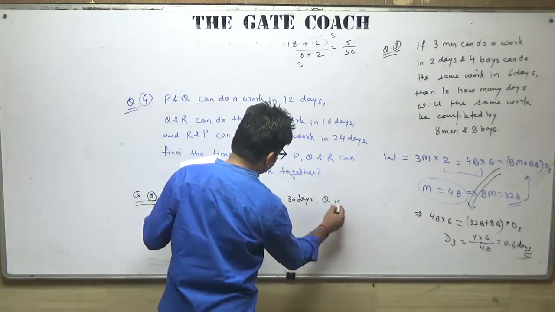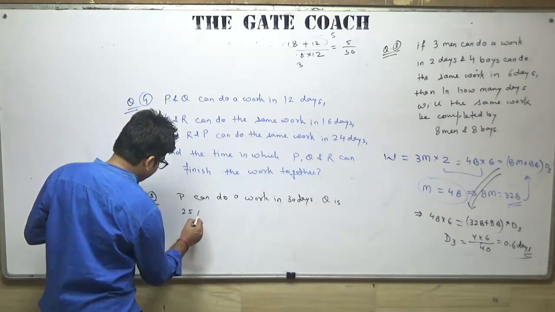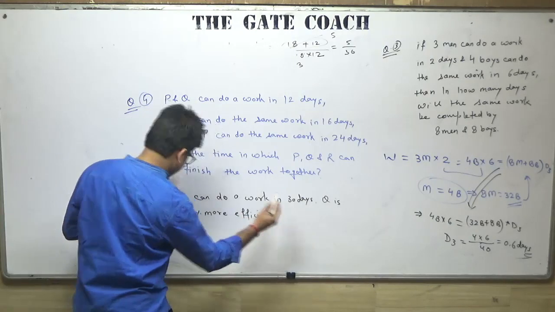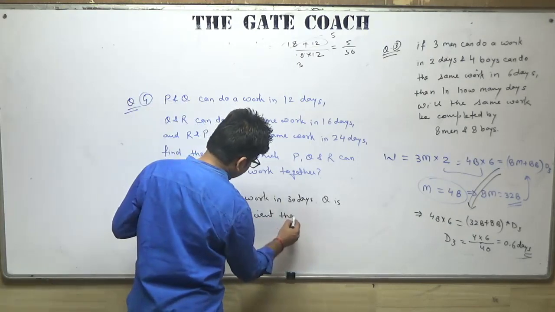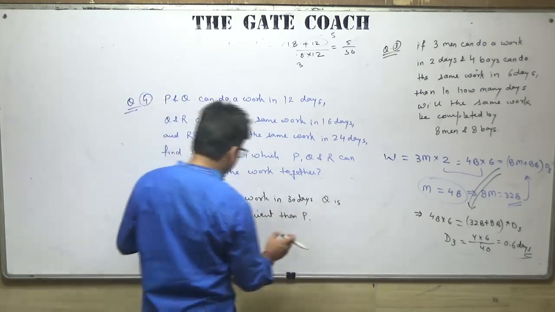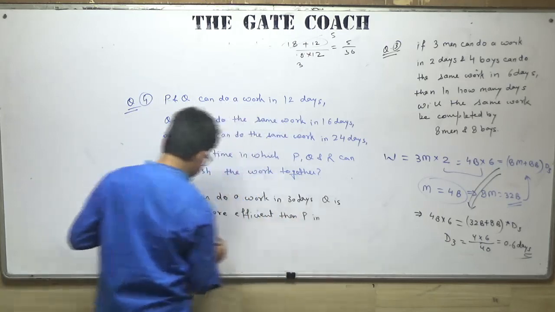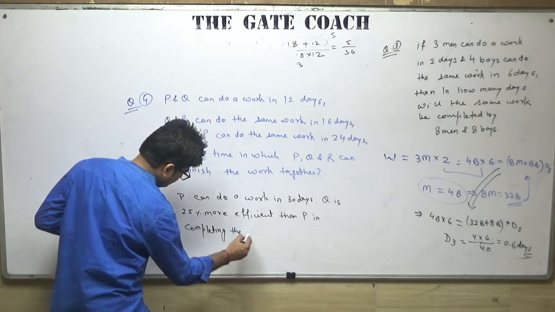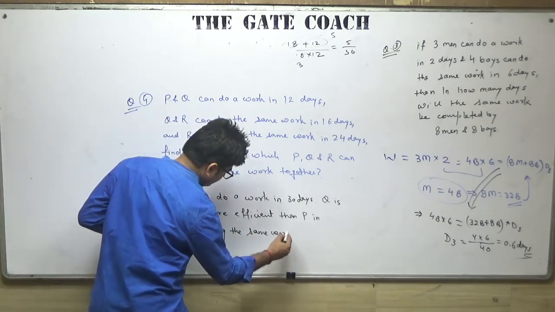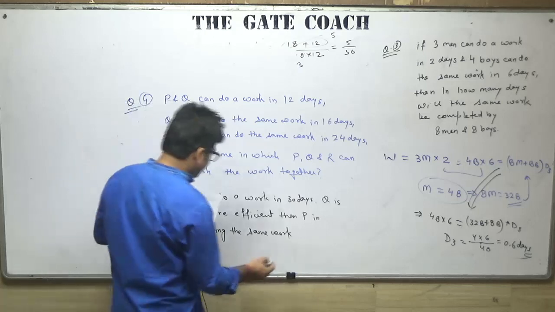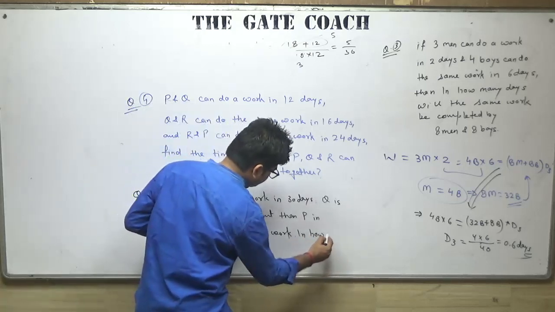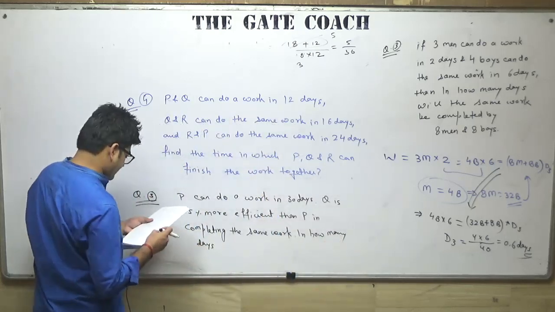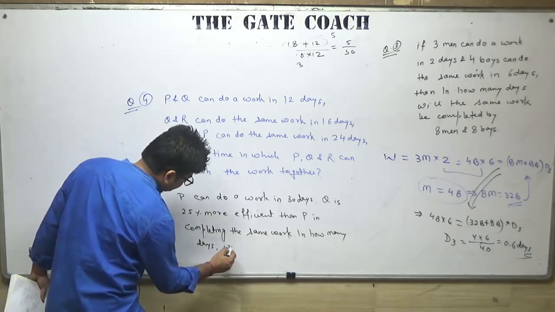Q is 25% more efficient than P in completing the same work. So in how many days will Q complete the work?